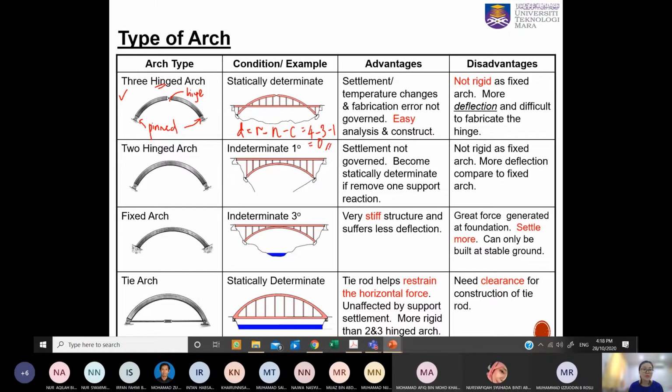You get D equal to 0, which is a statically determinate structure. You can read later on about the advantages and disadvantages of this arch type. It will be useful when you need to decide which arch to provide for a project.